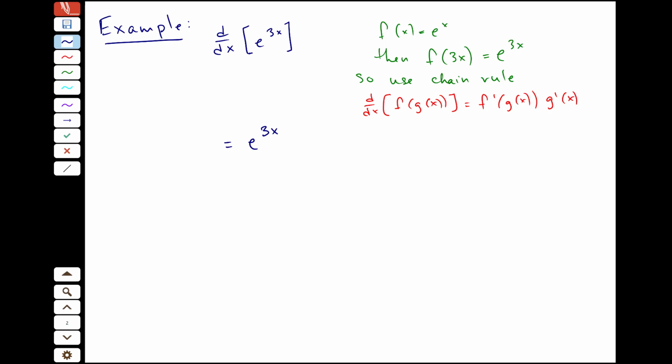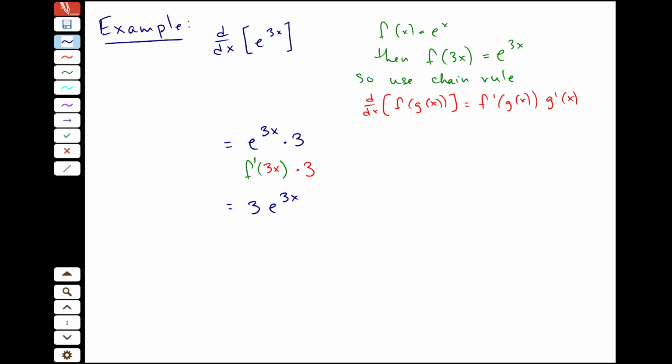So again, this is f prime of 3x. And now we have to multiply by the derivative of that, and so we multiply by 3, and that's our g prime of x. And so all in all, we get 3e to the 3x.